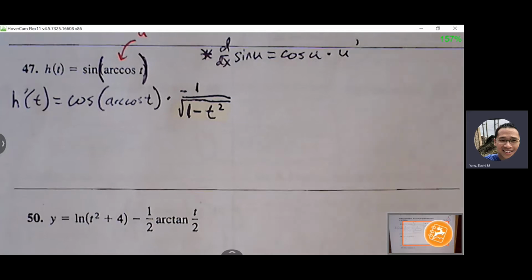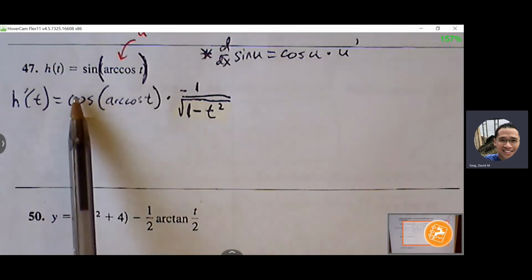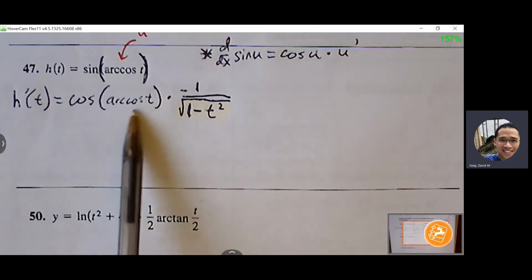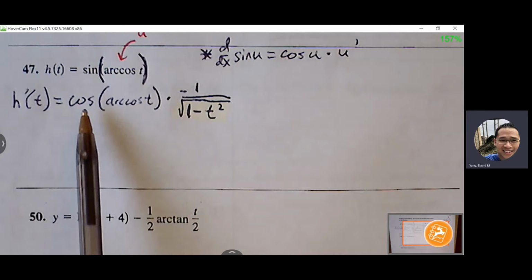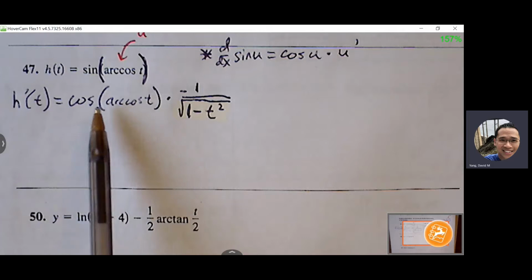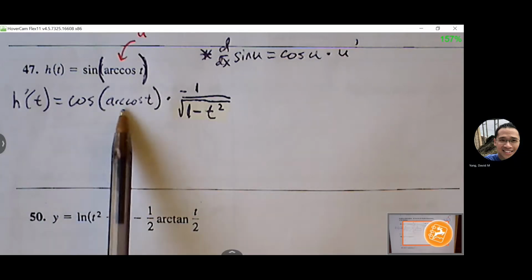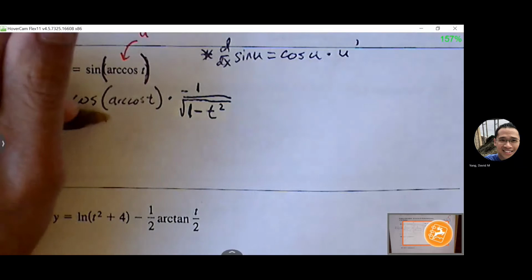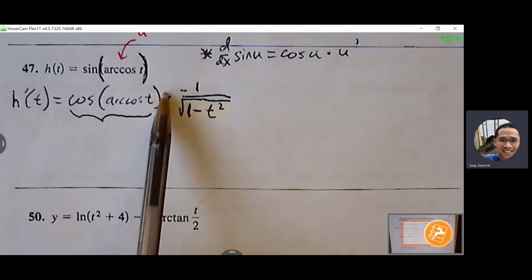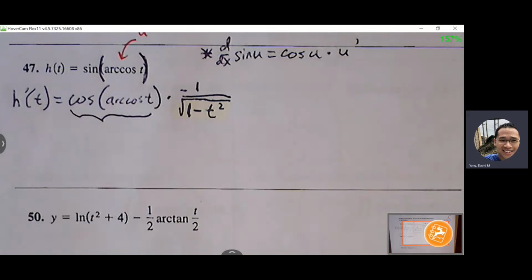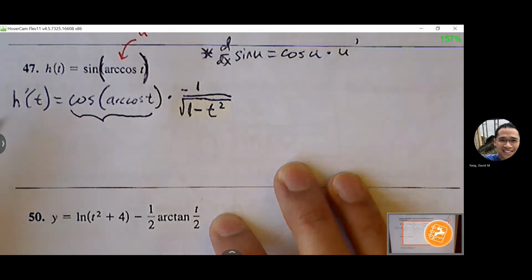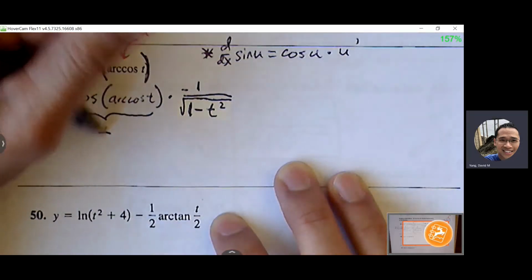Now, we talked about how on previous number 8 that we had to clean this up, right? We want to get this down to an algebraic expression. But here, we don't have to go through our triangle because what do you know about this? What's easy about this? Cosine of arc cosine. These are direct inverses of each other, right? So what will this just give us? 1. Close. Just t, right? Cosine, arc cosine, they cancel each other out. It's just whatever that inside portion is, that's the only remaining part.